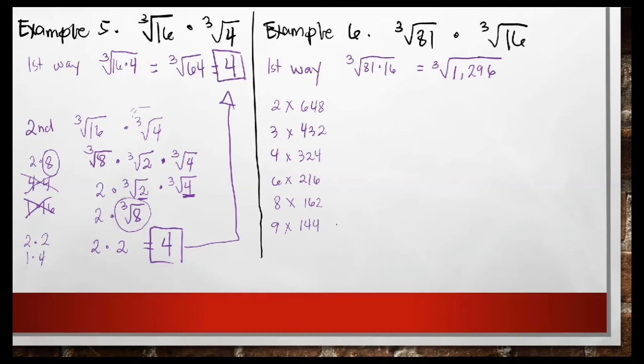And also, if we have other factors of 1,296, we have 12 times 108 and many more. So we have many factors of 1,296, and it is very hard to find the factors of 1,296 that has a perfect cube.